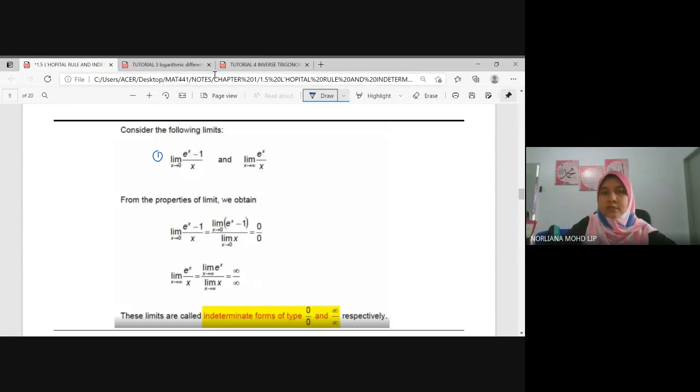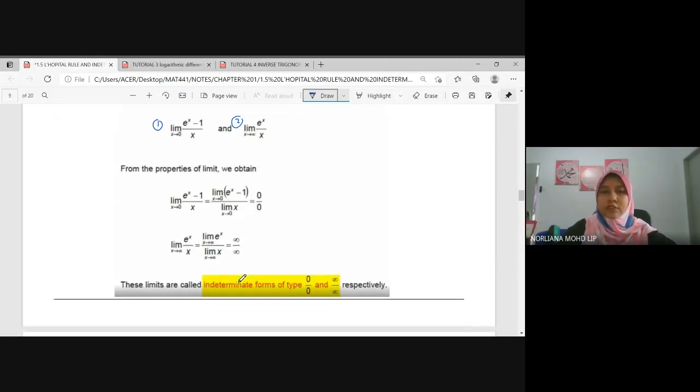And the second example, for the limit of e to the power x over x where x approaches infinity, we substitute x equal to infinity into this function. We have infinity over infinity. So this limit we call the indeterminate form, because it is in the form of 0 over 0 and infinity over infinity.